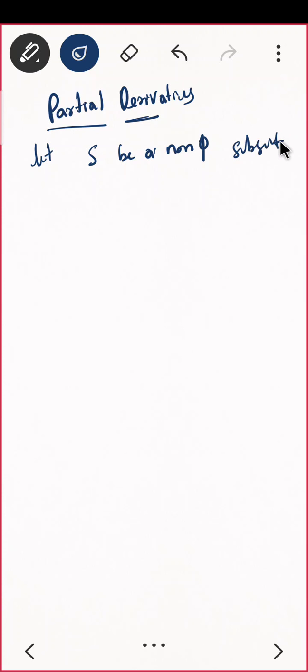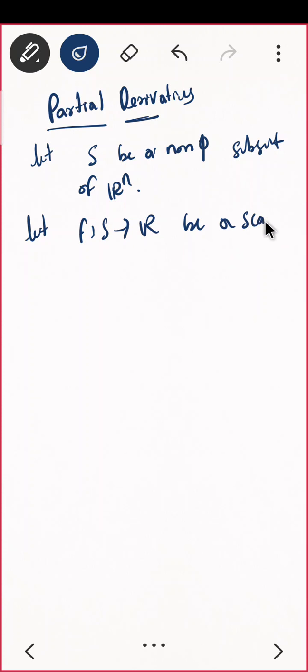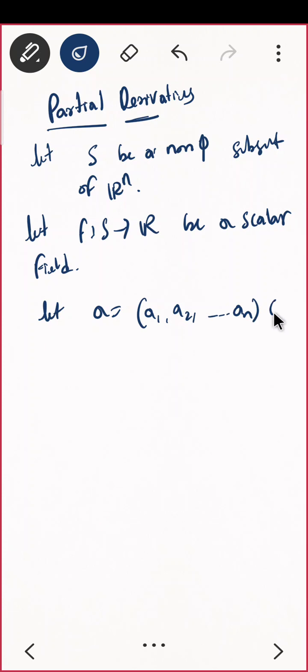Yes. Anybody? Let f from S to R be a scalar valued function, you can also say a scalar field. Let a is equal to (a1, a2, up to an) belongs to S.